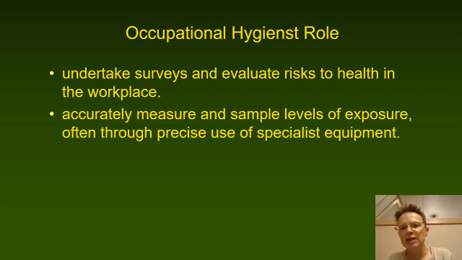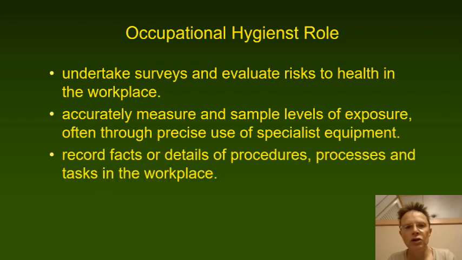They're going to measure and take some samples and often use some specialist equipment to do so, and potentially also send samples away to a laboratory. And then they're going to prepare a report on the findings and give us some advice, but we may also use them to help develop procedures, improve processes and safe systems of work in the workplace where there are health hazards that can be measured.